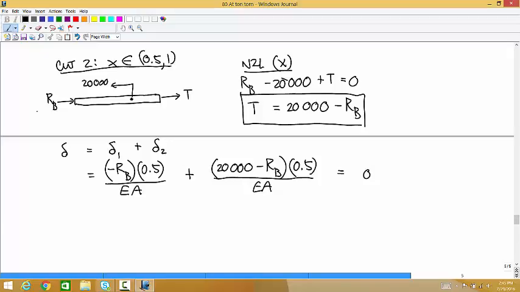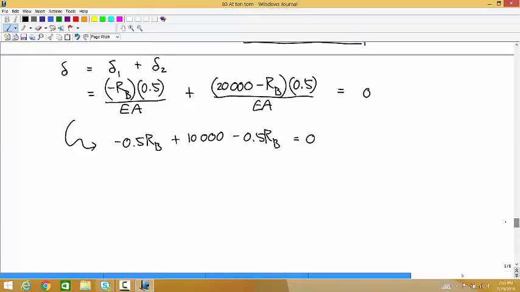And so we get this second equation that says, if I multiply this out, negative 0.5 RB plus 10,000 minus 0.5 RB is equal to 0. I multiplied both sides by EA. That disappeared. And so we have RB is equal to 10,000.